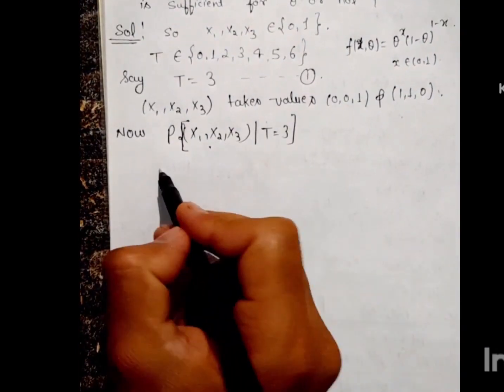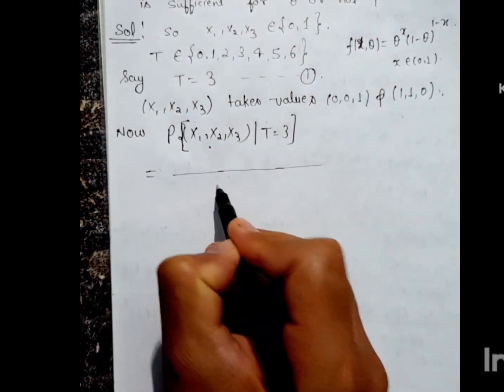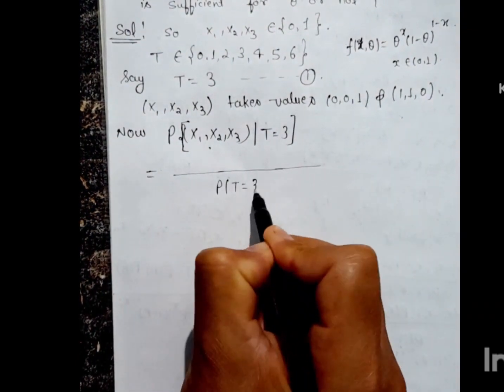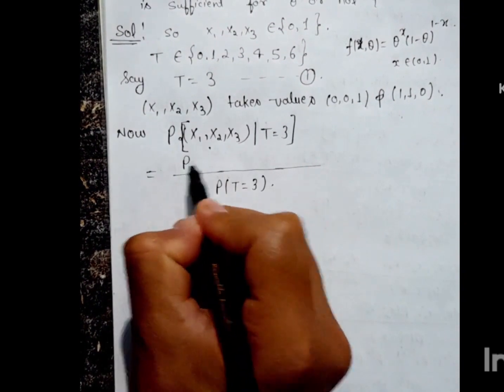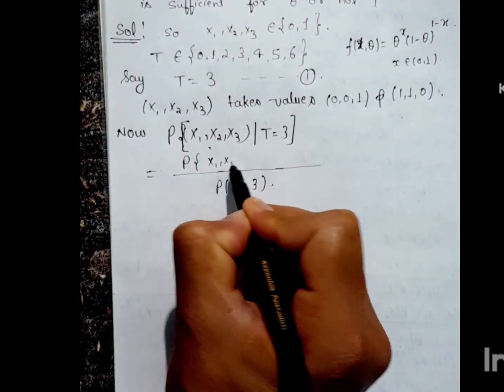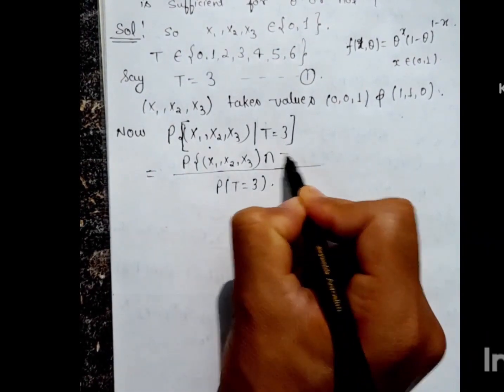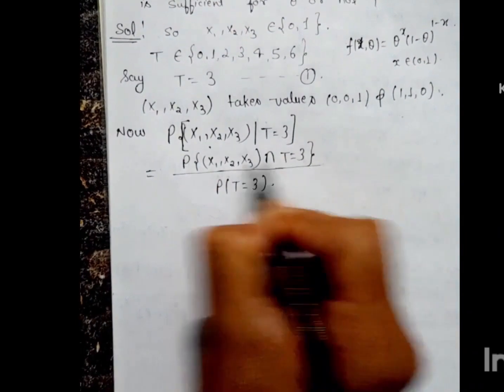So solving it, we get the probability of T equal to 3, and the probability of X1, X2, X3 such that T is 3.